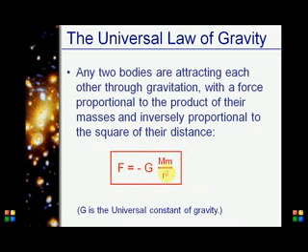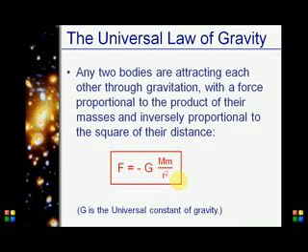And this gravitational force will be directly proportional to their masses and inversely proportional to the distance. So the farther, the less the force of gravity, and the less the mass, the less the gravity.